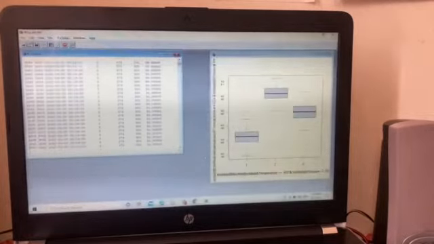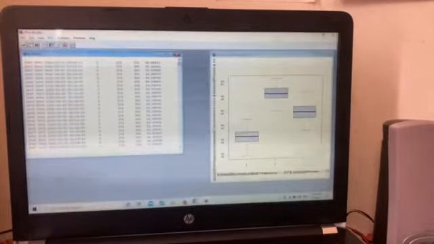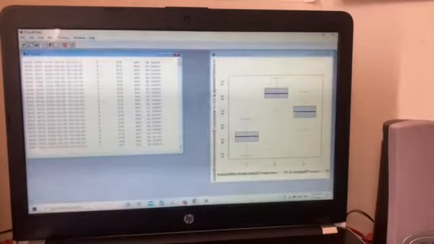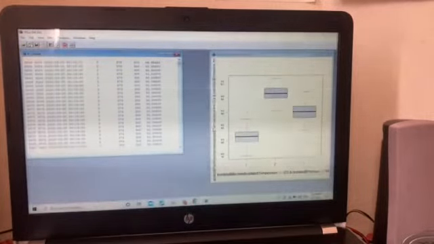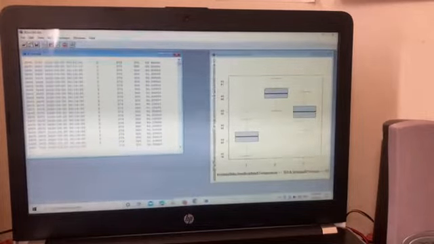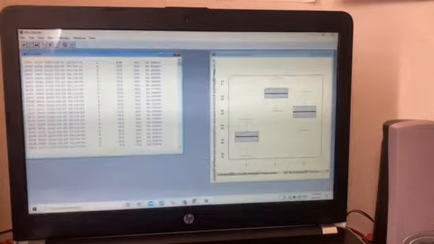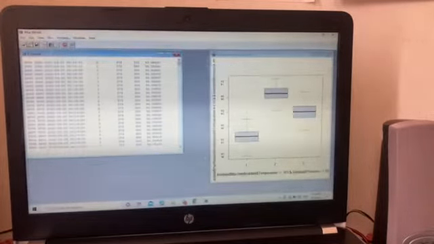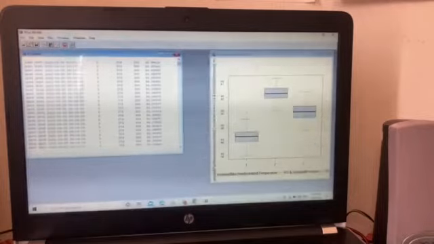So machine 1 has its CP and CPK. Machine 2 shows the reading of the mean and the standard deviation. The CP value and CPK value show that machine 2 is also capable.